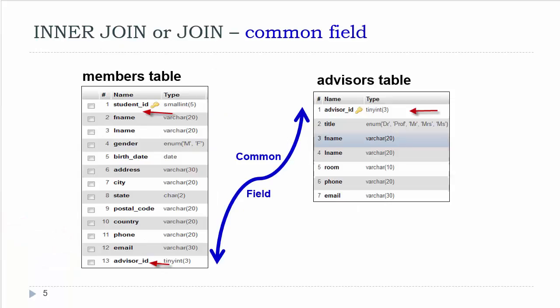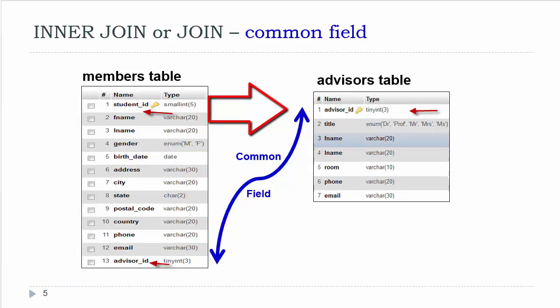So if you remember, we had a members table and an advisors table. Some members had an advisor, some didn't. In the members table, there was an advisor ID field, which was the foreign key. In the advisor table, we had the advisor ID field, which was the primary key.